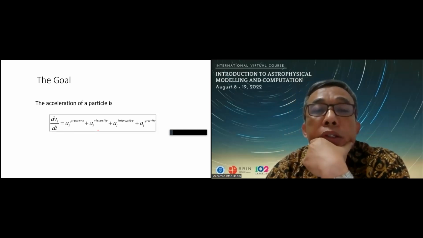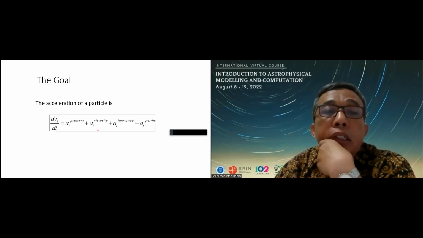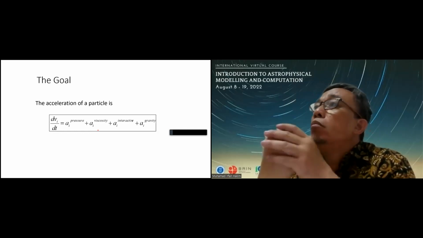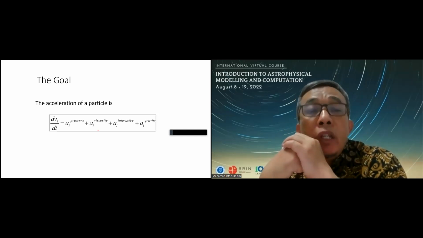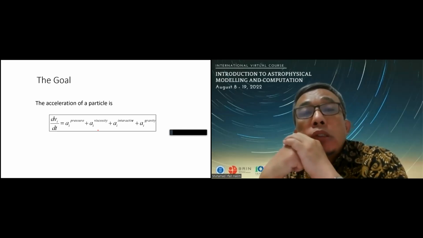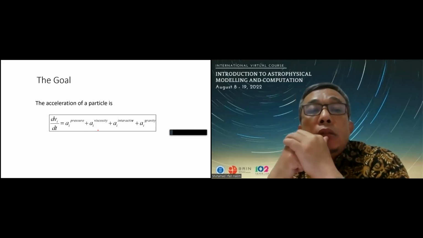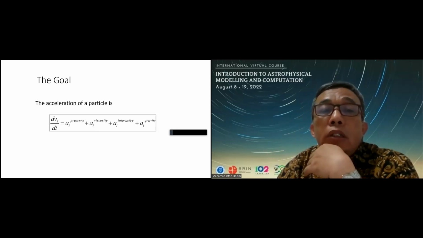So we list every contributing force in another variable, which is acceleration from pressure, viscosity.